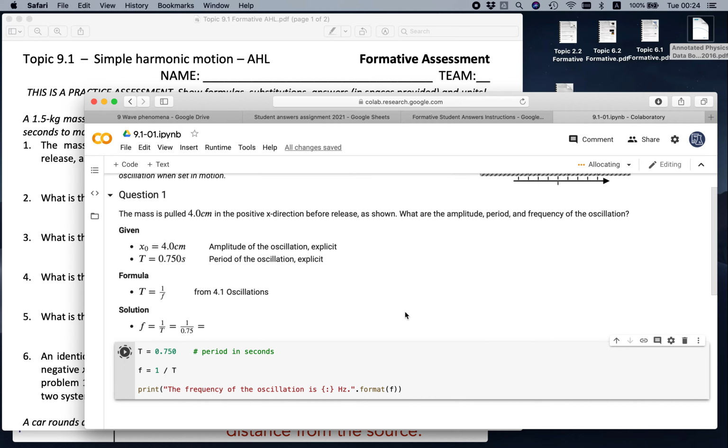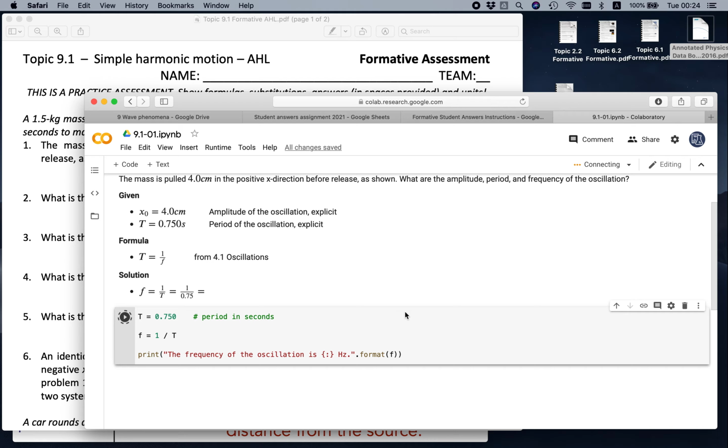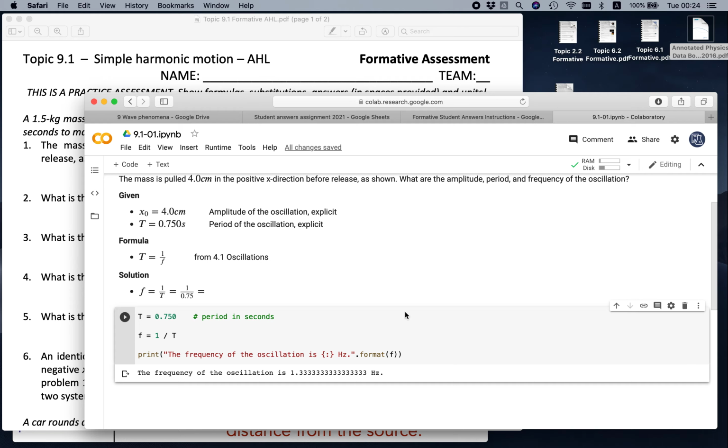Calculate and go ahead. So that's 3/4, that's 4/3, 1.33. Yes.